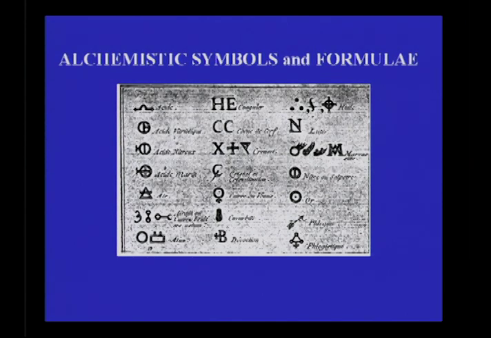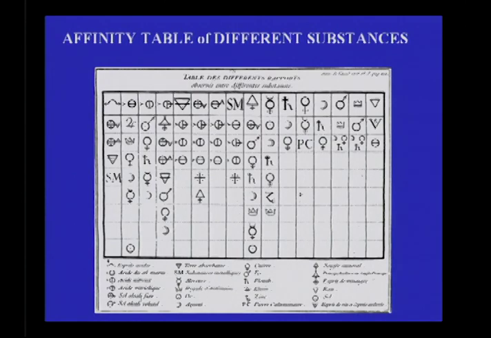We see here on our PowerPoint slide another representation of various symbols. So I'm just going to go through these. Here people already tried to get chemicals organized in a table according to their affinities.